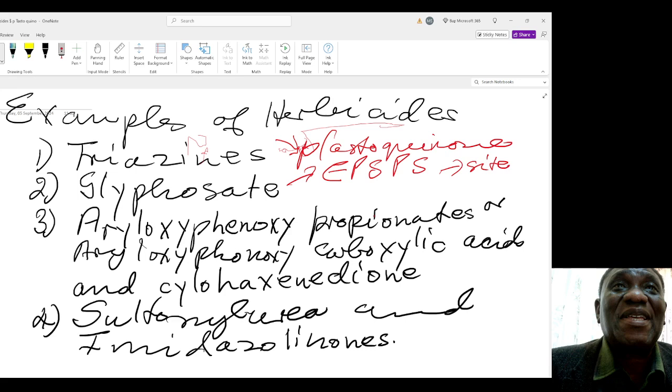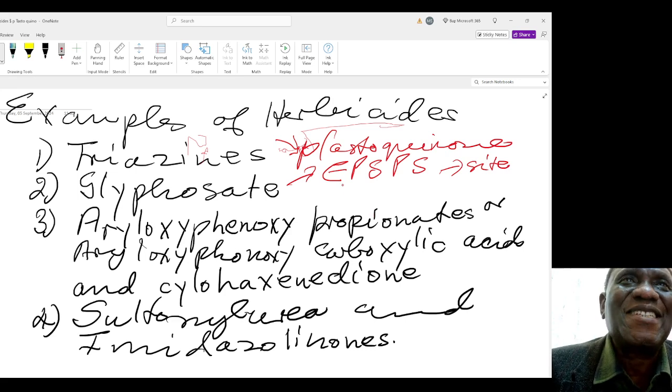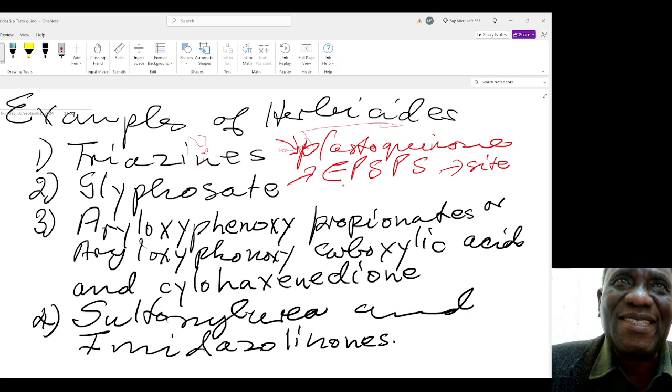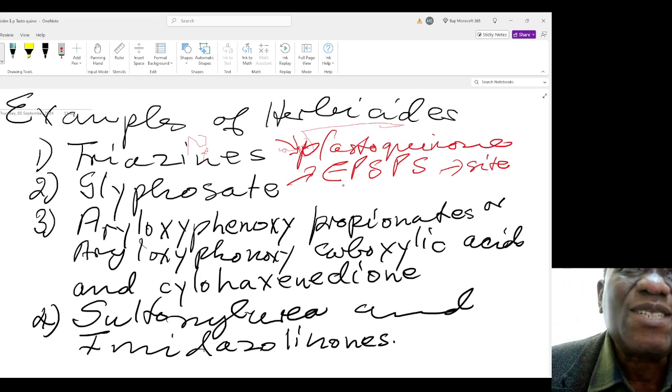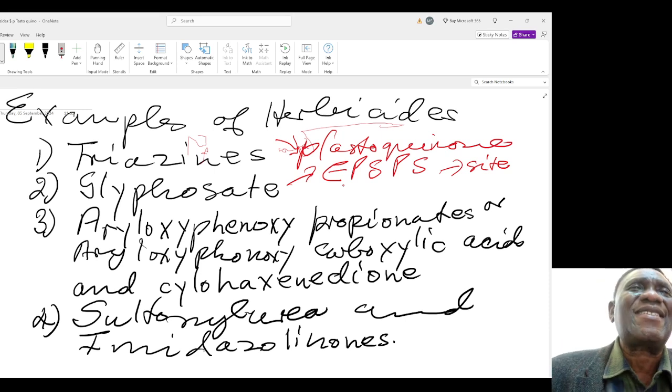I think it would be nice to just know it as EPSPS for the moment, or just remember it as the EPSPS. Now, if glyphosate can bind to EPSPS, it can kill the plant.